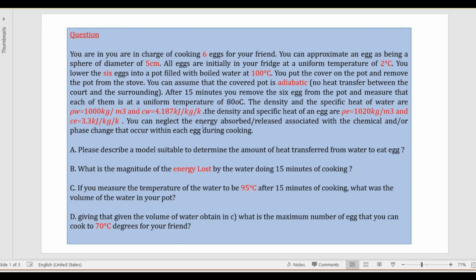So we are asked to neglect energy absorbed or released associated with the chemical and phase change that occur within each egg during cooking. So we are to describe the model suitable to determine the amount of heat transfer.